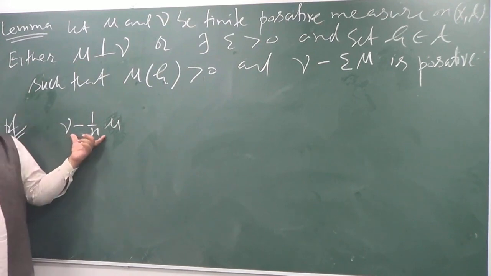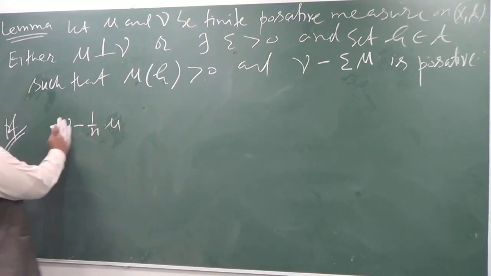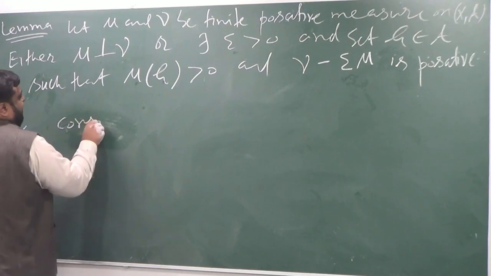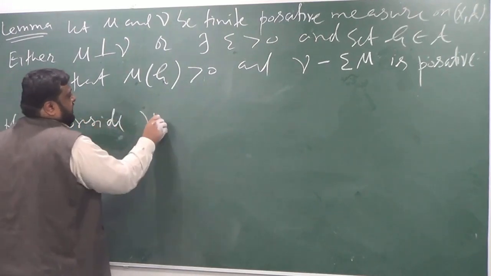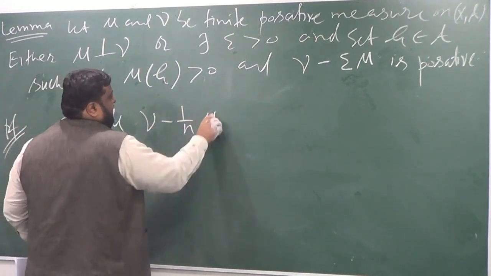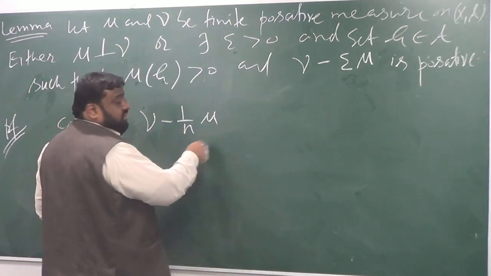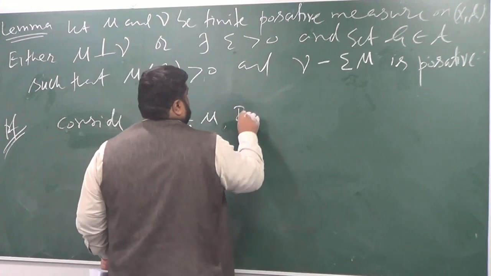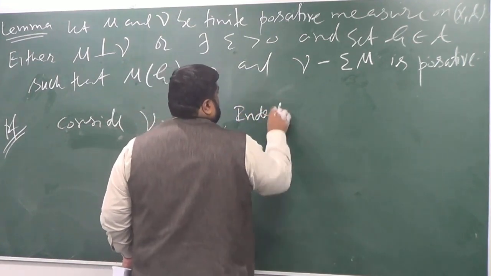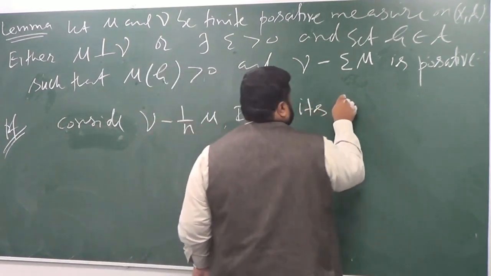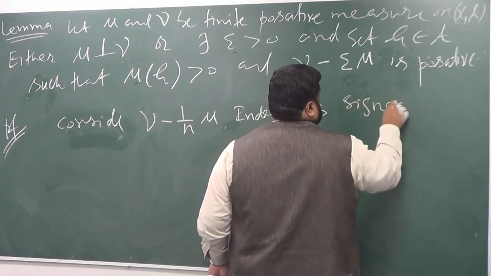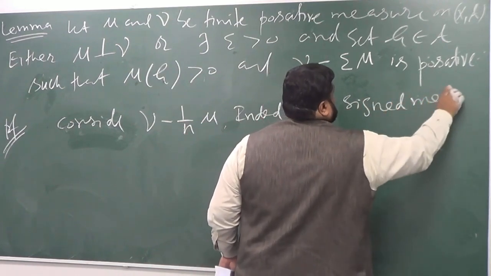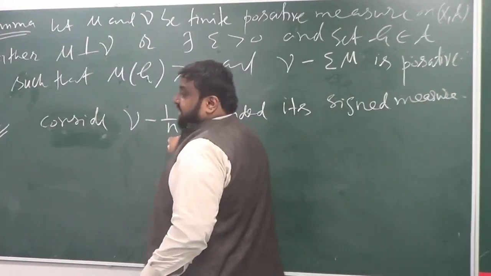So I was saying that consider this measure, nu minus 1 over n mu. It's a signed measure. By the way, it's a signed measure for each n.